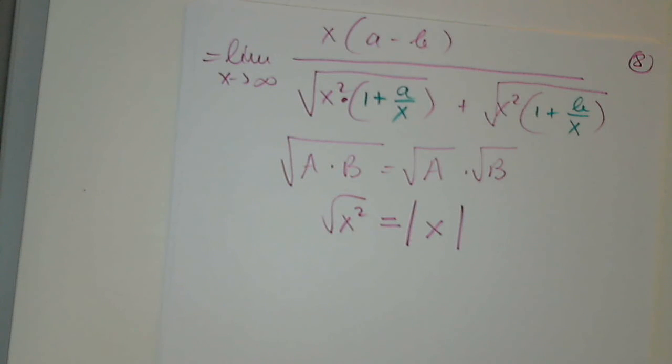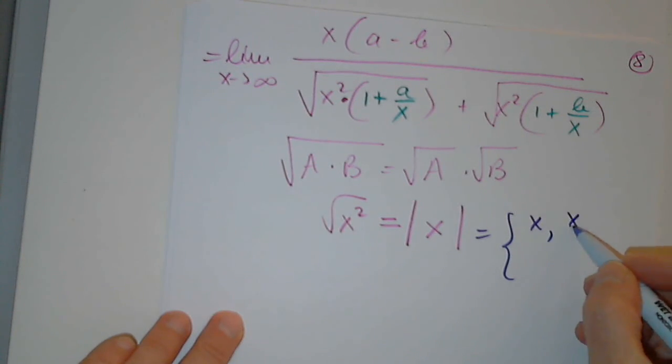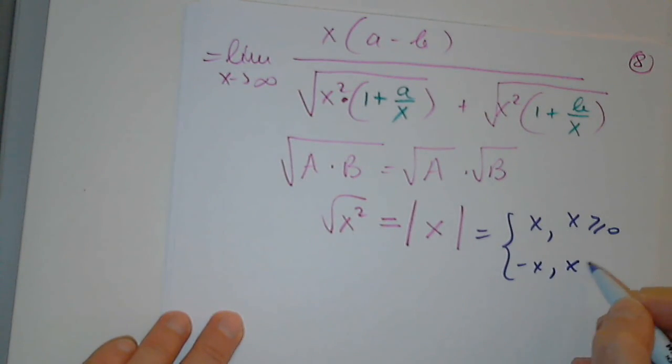But I wanted to give you the general formula. The square root of x squared is not x, but the absolute value of x. In this case, you'll say x approaches infinity, so the absolute value symbol is not important. It's redundant. We don't need it. But remember, this is what it means: x for x greater or equal to 0, or negative x for x less than 0.